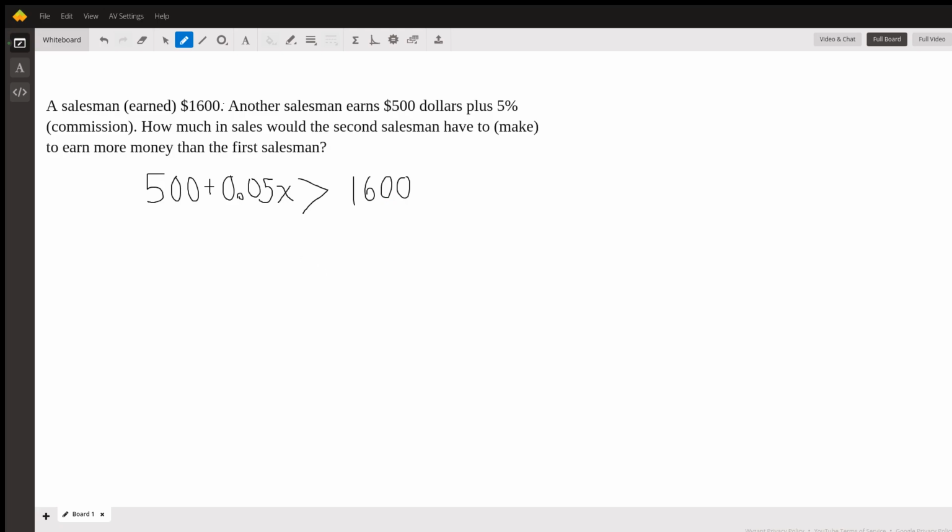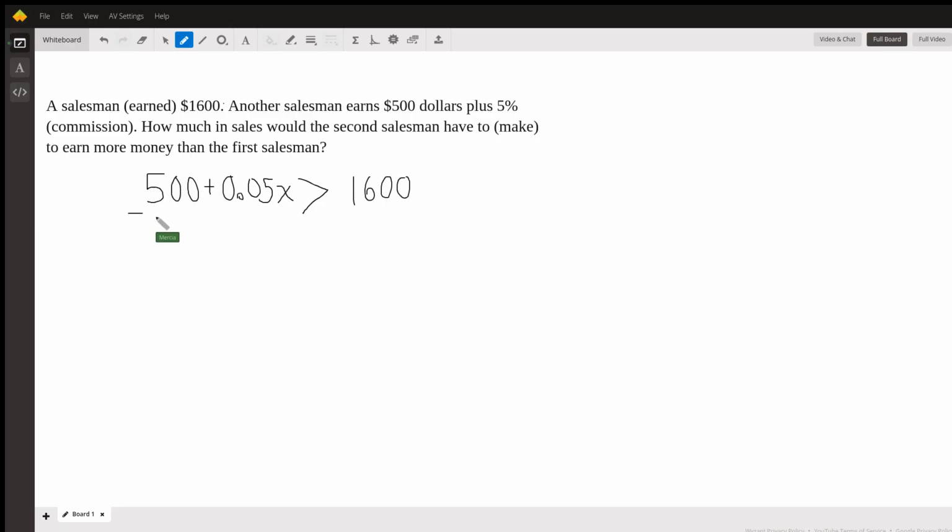As with equations, in order to solve, you make sure that both sides of your inequality stay balanced, and the way you do that is by performing equal operations on both sides. I am looking to figure out the value of x, which means I have to isolate that variable, that unknown quantity. Once I do that, it'll no longer be unknown.